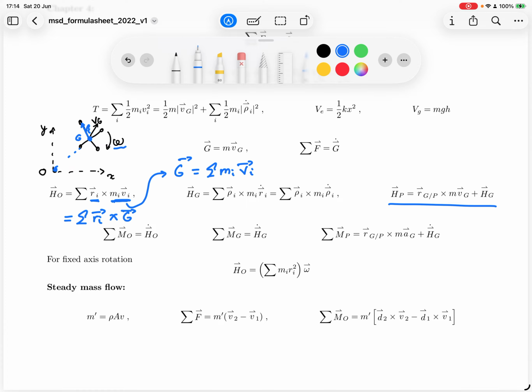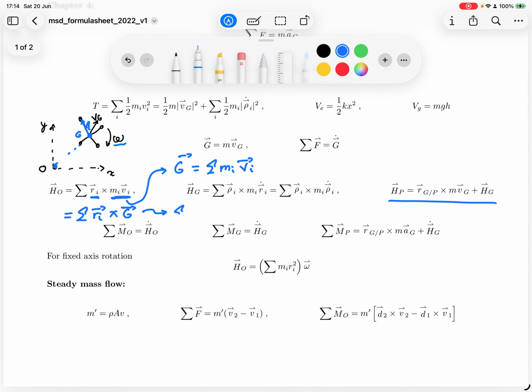Okay, so if you think about it, this is kind of similar to the sum of moments equation, which is the sum of individual unit vectors crossed with the individual forces, right?